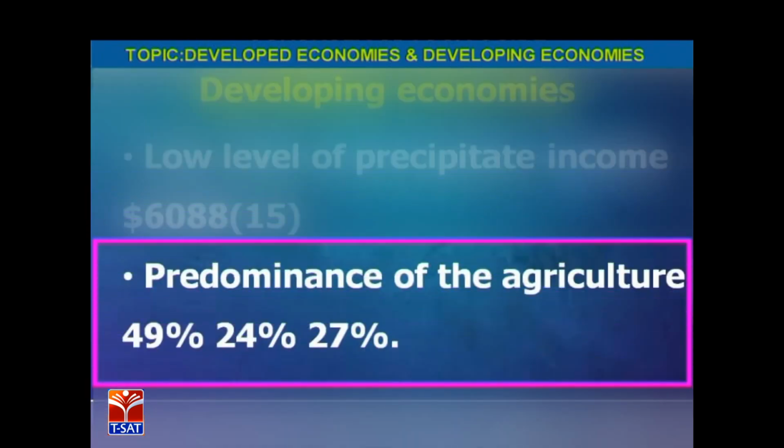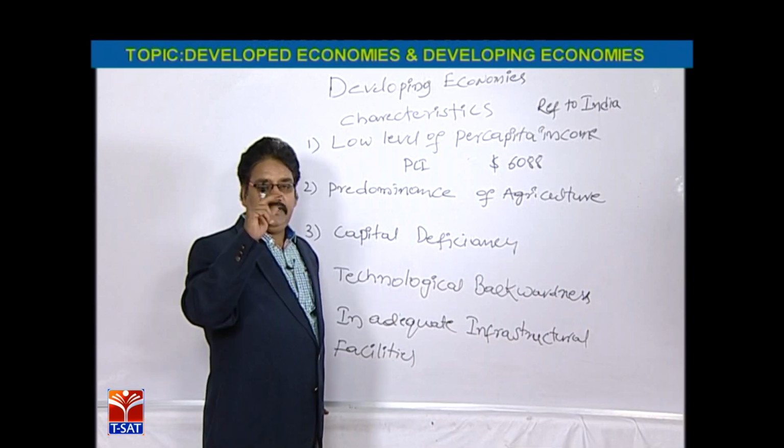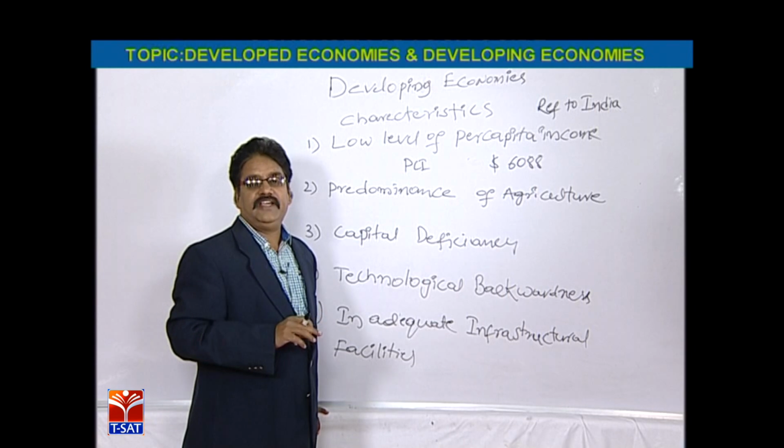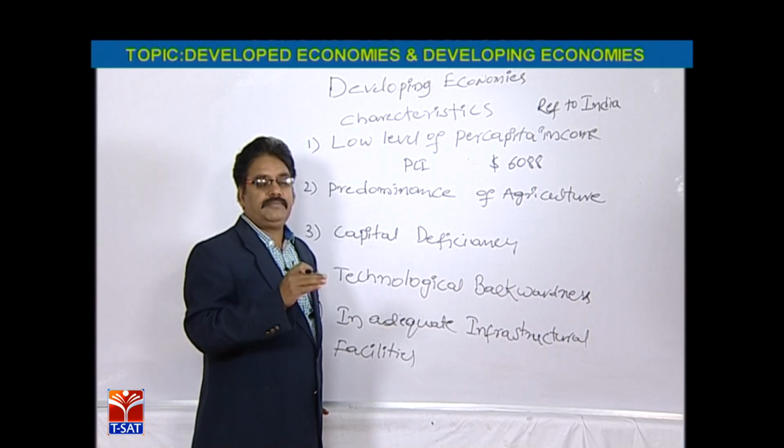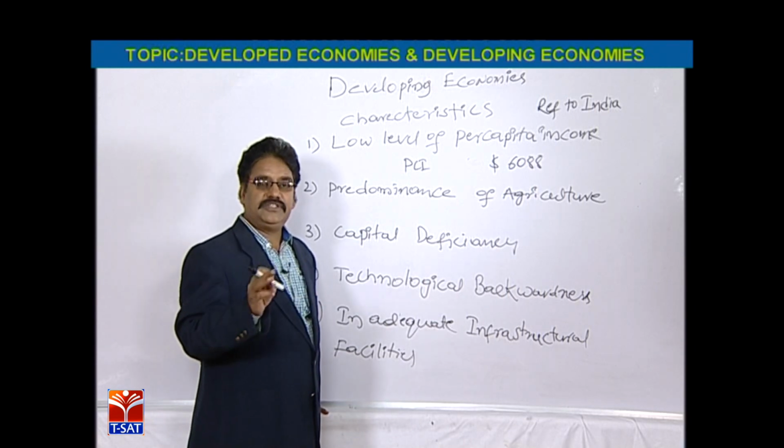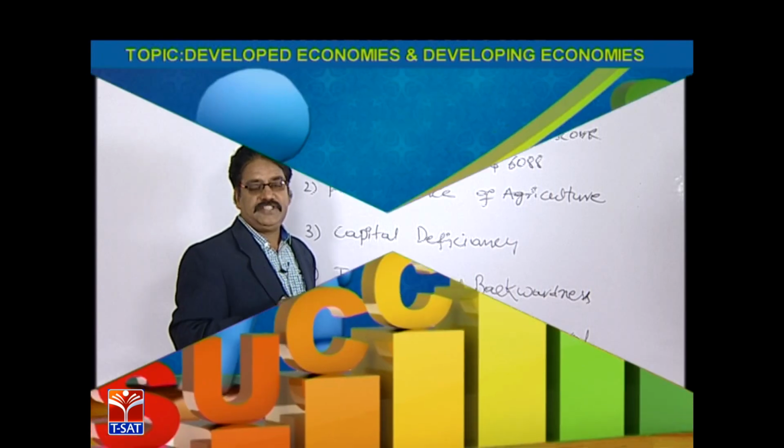The share of national income is coming from sectors other than agriculture. In developed economies that is the case, but in developing economies, agriculture plays a major role in contributing employment opportunities.